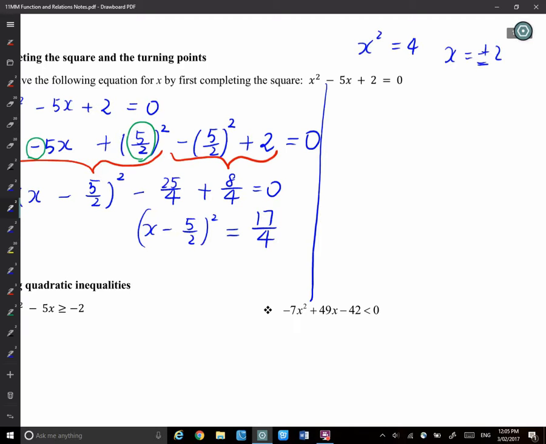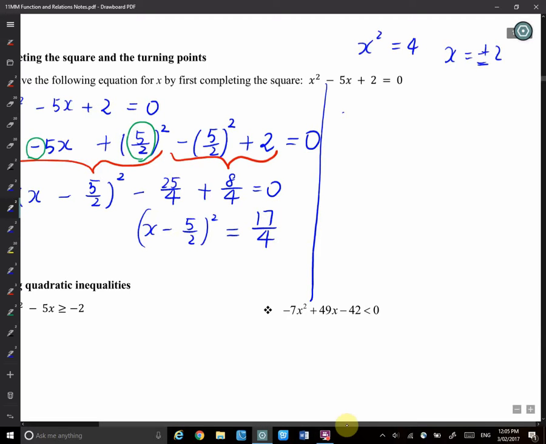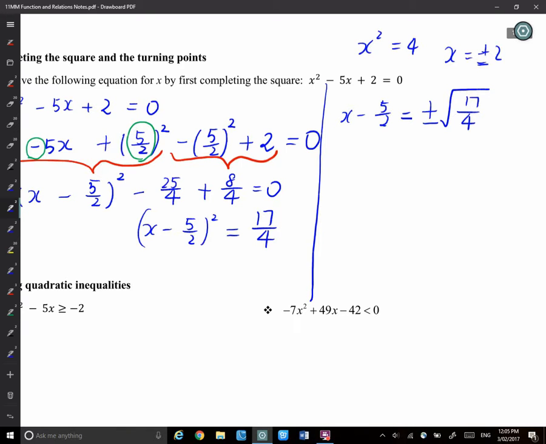So x minus 5 over 2 will equal plus minus the square root of 17 over 4. If you try to get rid of the square, you just square root both sides. But when you square root that, you need to have the plus minus sign, because you can treat that thing as a whole, like a squared equals that.